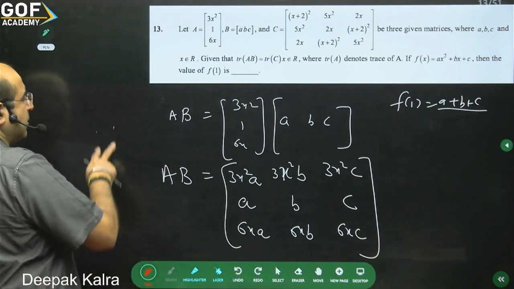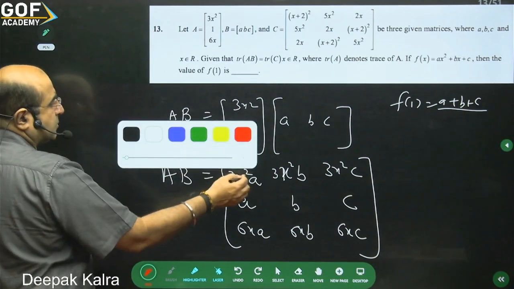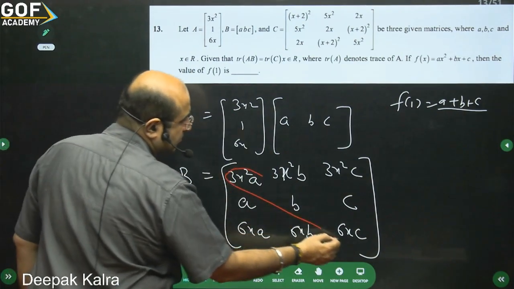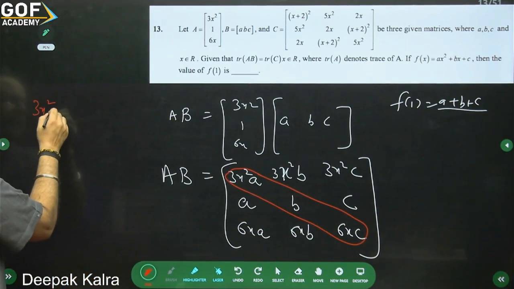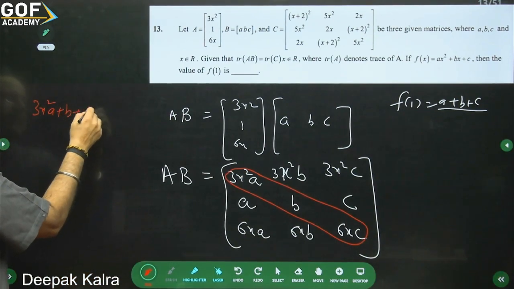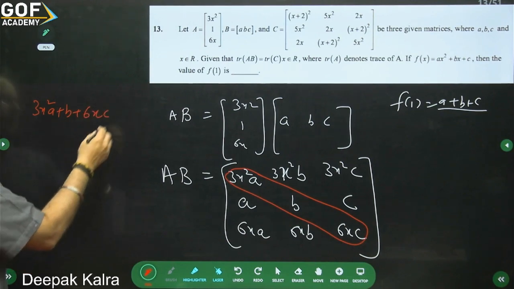The trace they are talking about is this value. 3x square times A plus B plus 6 times xC is your trace of AB.